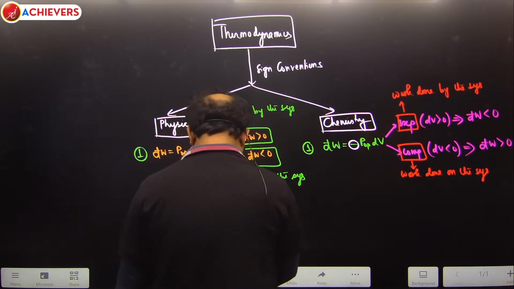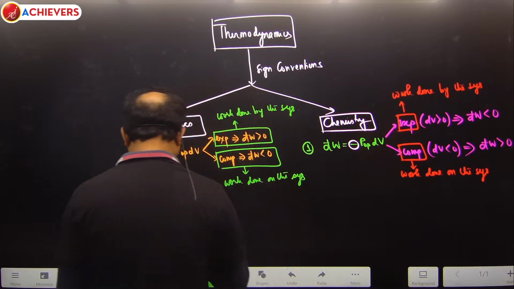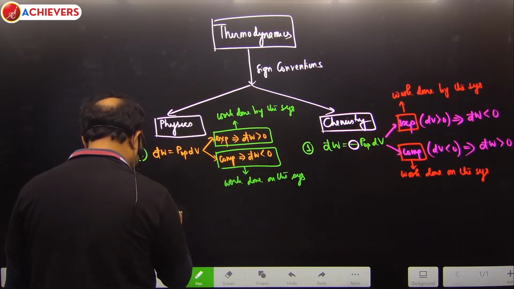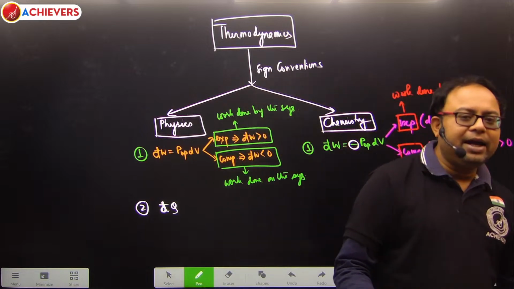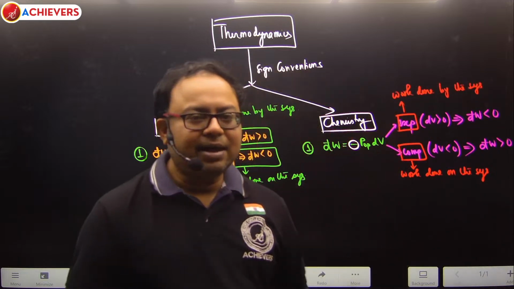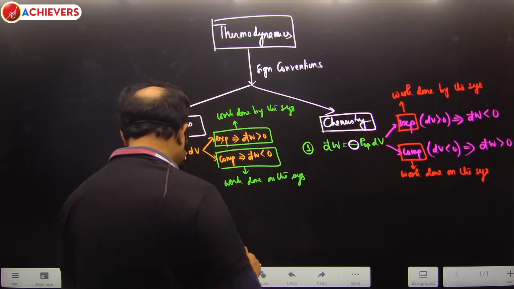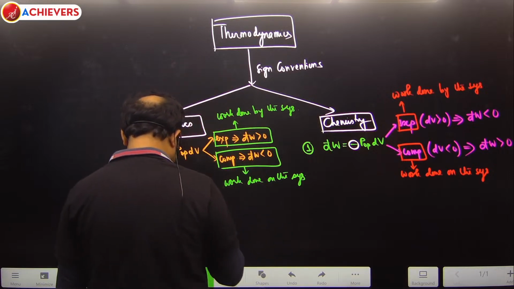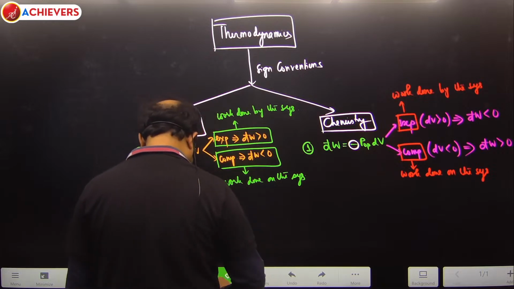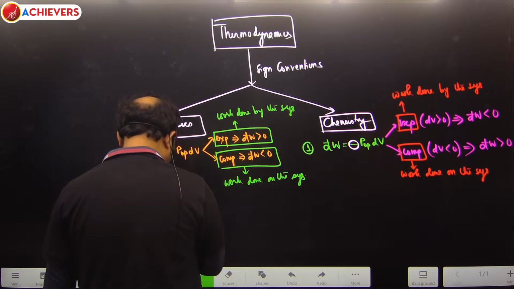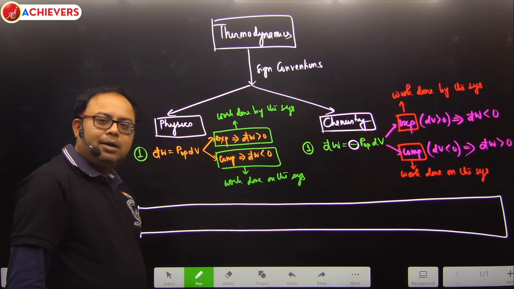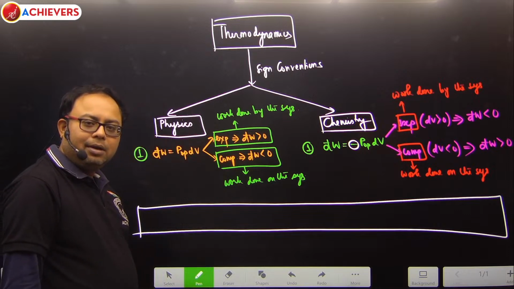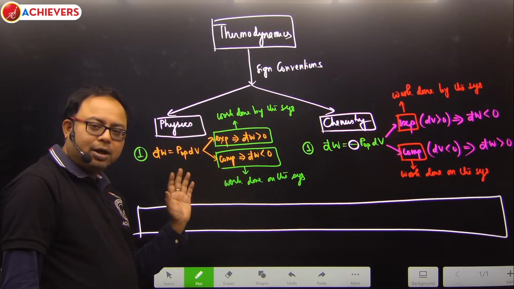The second one is d cut Q, heat. The convention of heat is same both in physics and in chemistry. That means this is same. So I will not write it over here. We will write for the entire page for both the columns.